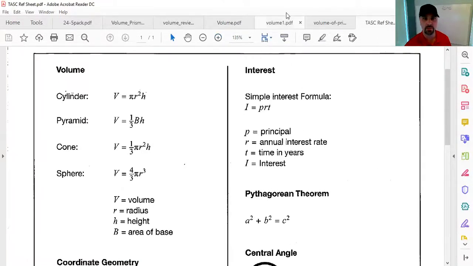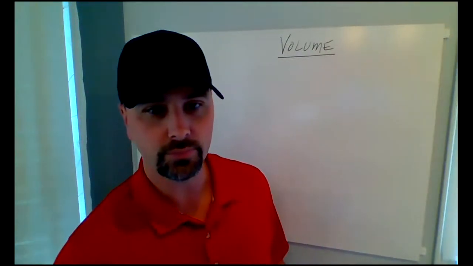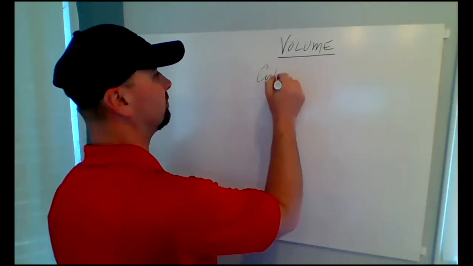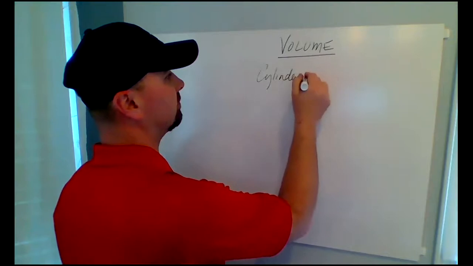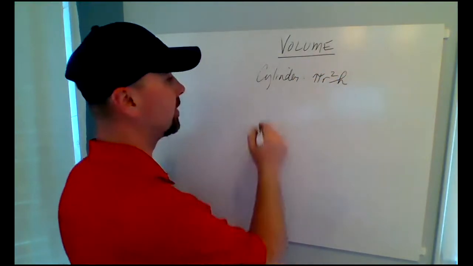Okay, so I'm going to come back and write these down. So cylinder: pi r squared times height.